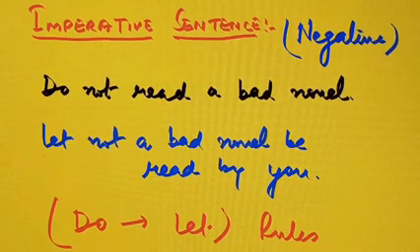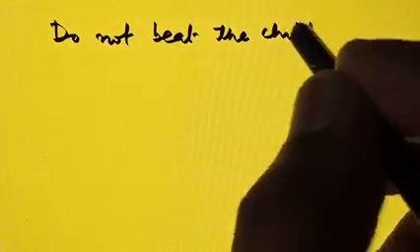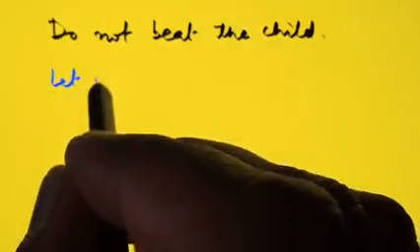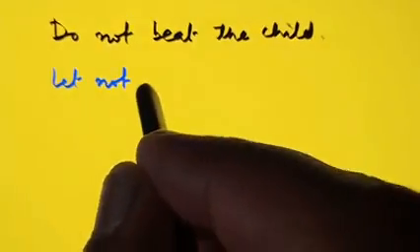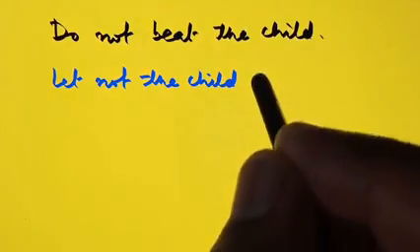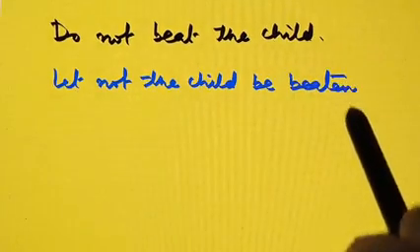We will further discuss a couple of sentences, like do not beat the child. The passive will be: let not the child be, third form, beaten.